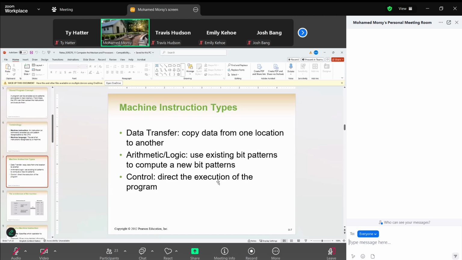There are different instructions: data transfer, which copies data from one location to another; arithmetic logic, which uses existing bit patterns to compute a new bit pattern; and control, which directs the execution of the program.